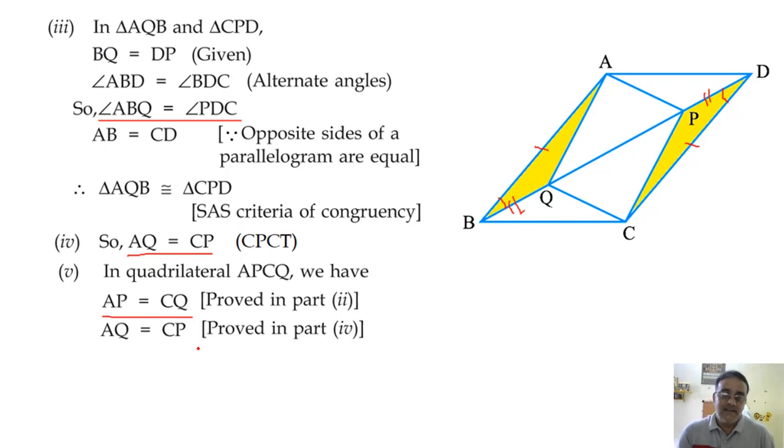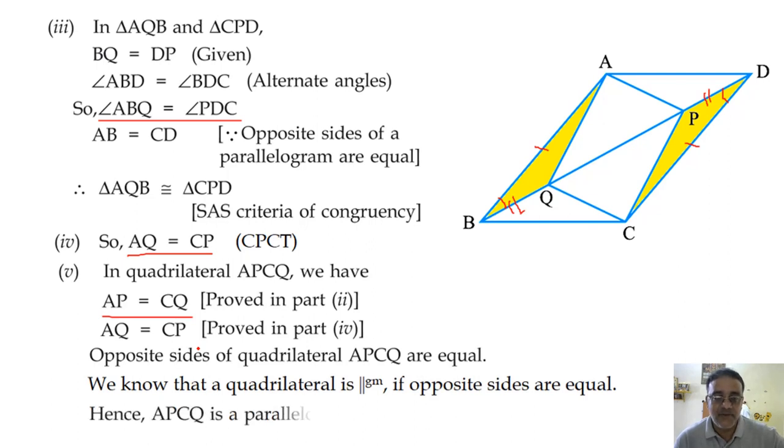So that means in this quadrilateral, both pairs of opposite sides are equal. We have studied one theorem that a quadrilateral is a parallelogram if its opposite sides are equal. So using that property, we can write that APCQ is a parallelogram.